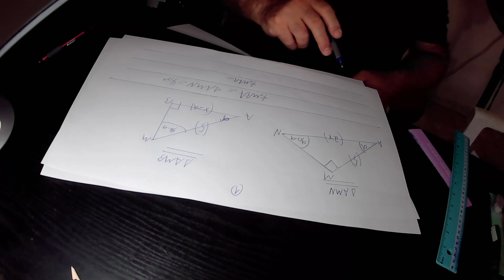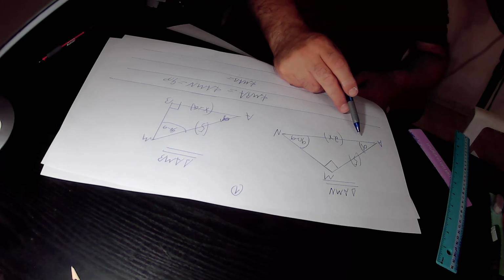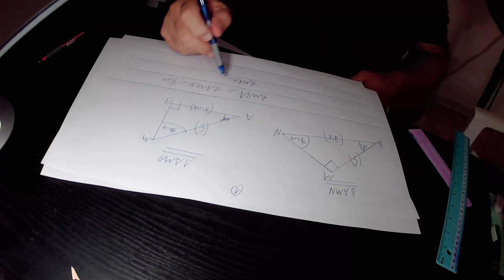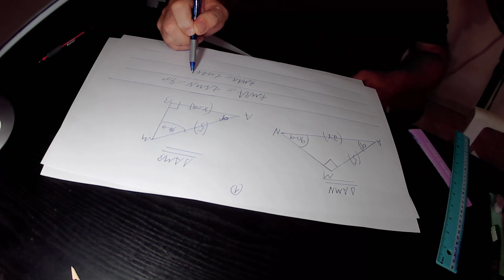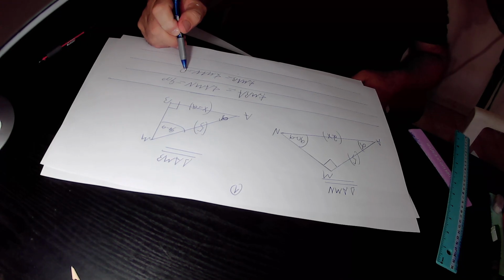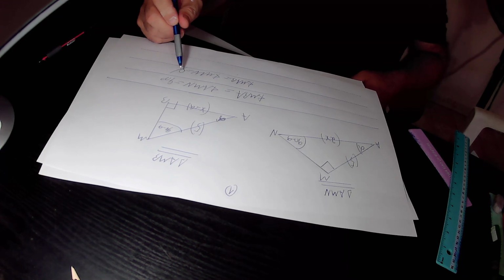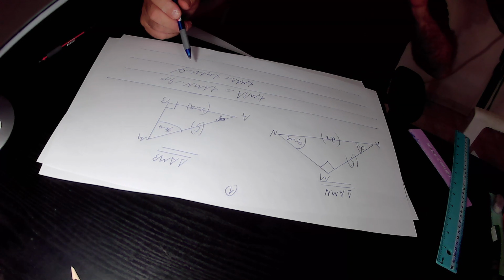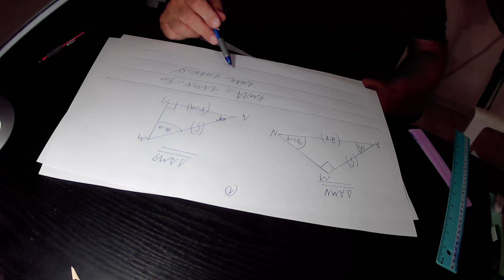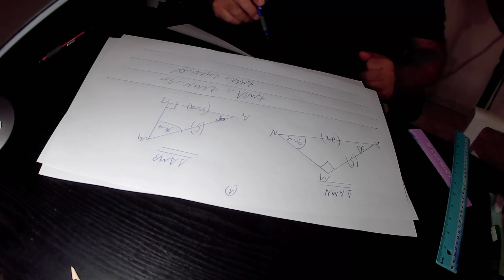And if you relate to angle alpha as it belongs to triangle AMN, it will be defined as angle MAN. So angle alpha equals itself.